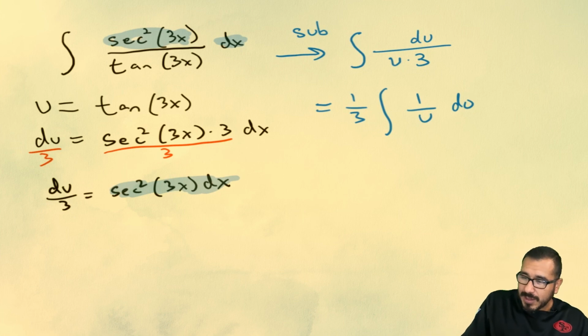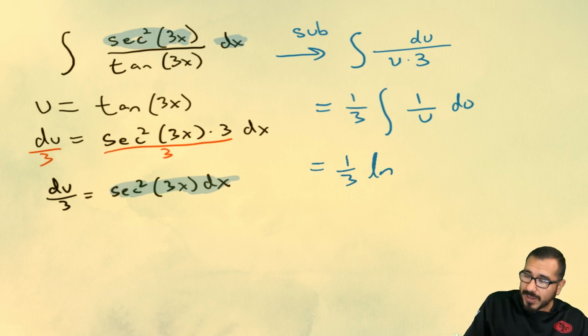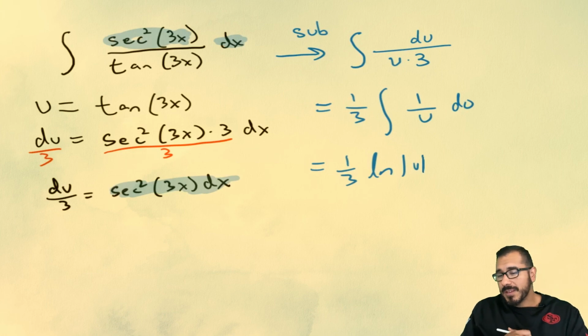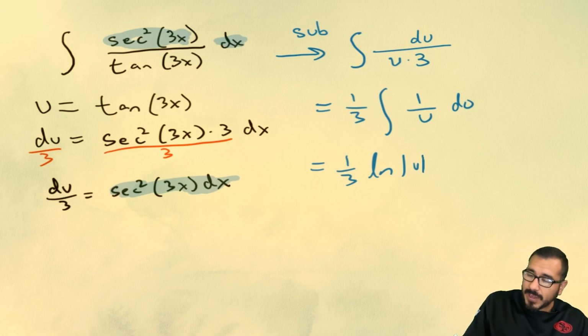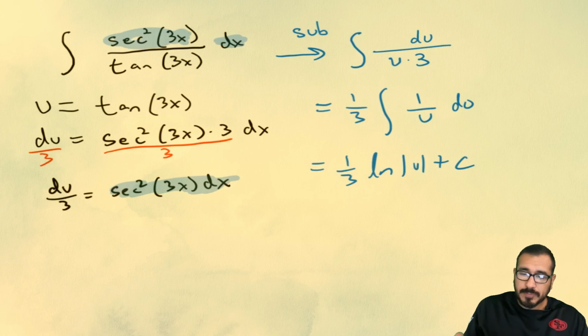So let's go ahead and take the antiderivative and you're left with 1/3 times ln, our natural log. Don't forget that we're gonna have the absolute value there. So times the natural log of the absolute value of u, and then don't forget our plus c. And now that we've gotten into these great habits, we know that u is tangent of 3x.